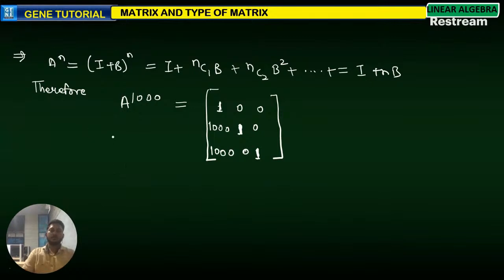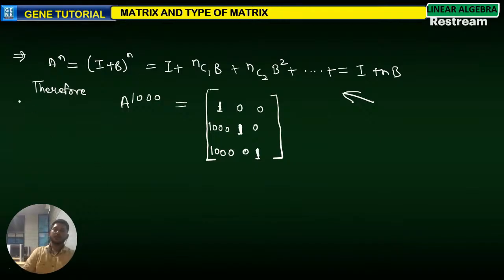When we use this formula, you can change A to the power 1000 into (I plus B) to the power 1000.